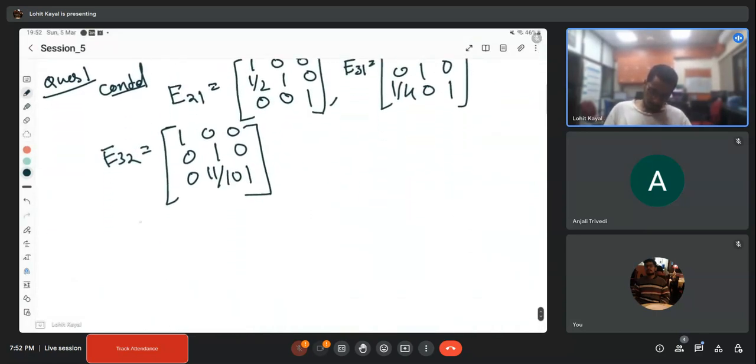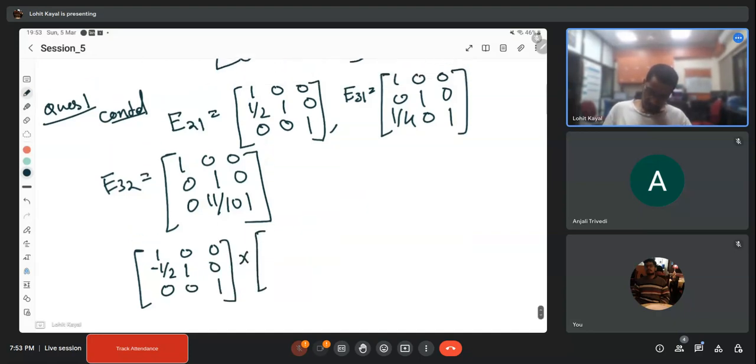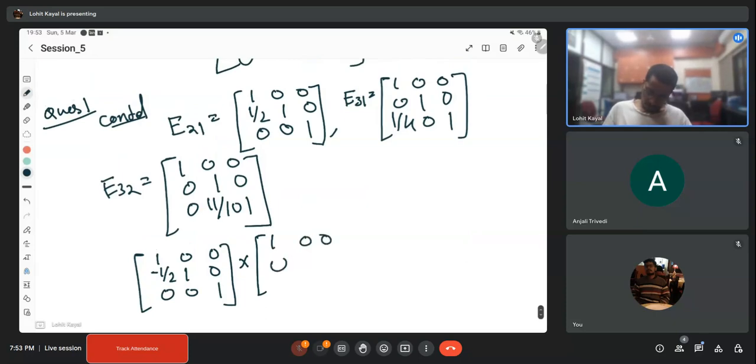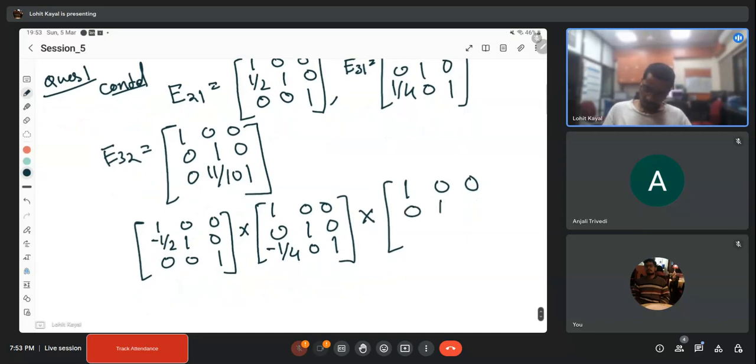First, E21 inverse is [1 0 0; minus half 1 0; 0 0 1] into [1 0 0; 0 1 0; minus 1/4 0 1] into [1 0 0; 0 1 0; 0 11/10 1]. Sorry, it will be minus 11 by 10, right?